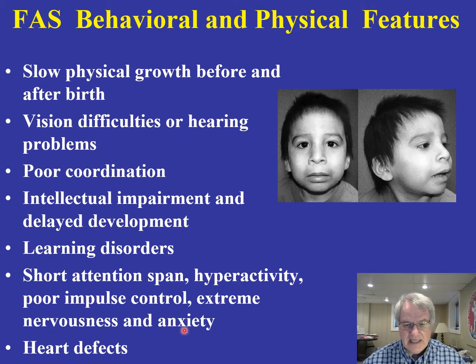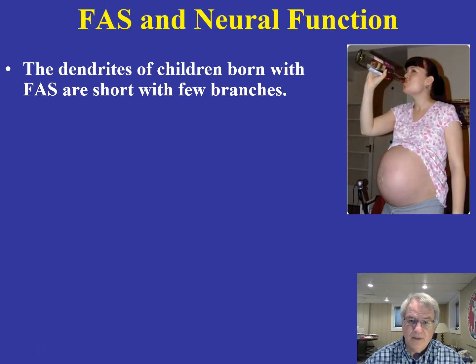Again, this lack of impulse control seems to be something that's very characteristic of the fetal alcohol child. There's some reports of heart defects. So again, these are some of the behavioral outcomes that you see with fetal alcohol exposure.